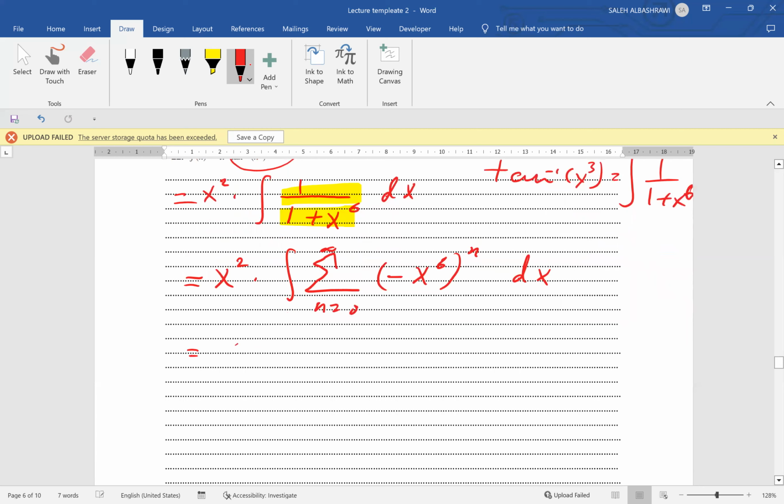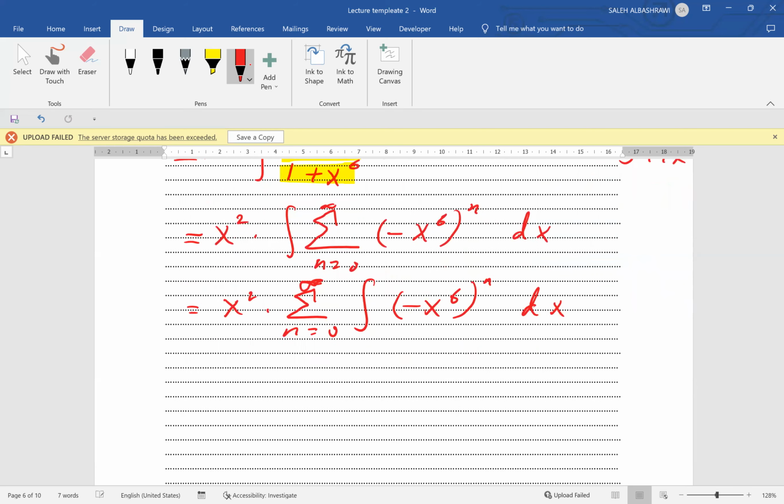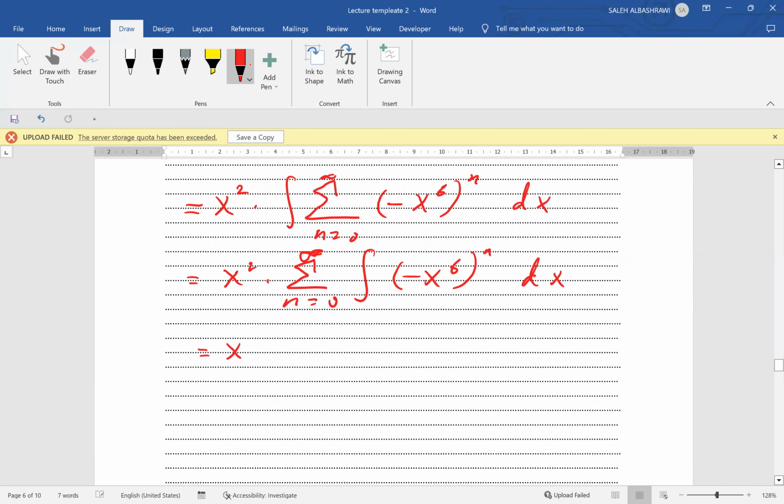So this can be written as x to the power 2 multiplied by sigma of the integration dx, which is equal to x squared multiplied by sigma integration of, it can be written, minus 1 to the power n and x to the power 6n.